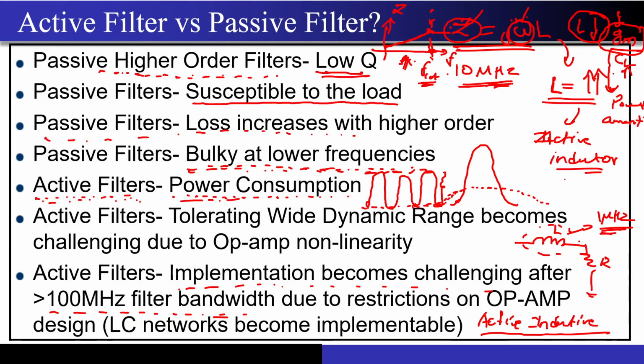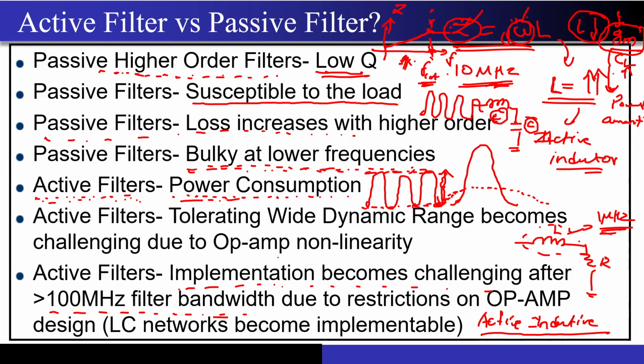The passive LC filter doesn't have to do that. Passive filter values do not change with the signal level, so I don't have to worry about how big the signal is that I am giving to this filter. But if I'm using the active filter, I have to worry about the peak to peak voltage of the signal that I am giving as an input to my active RC filter.